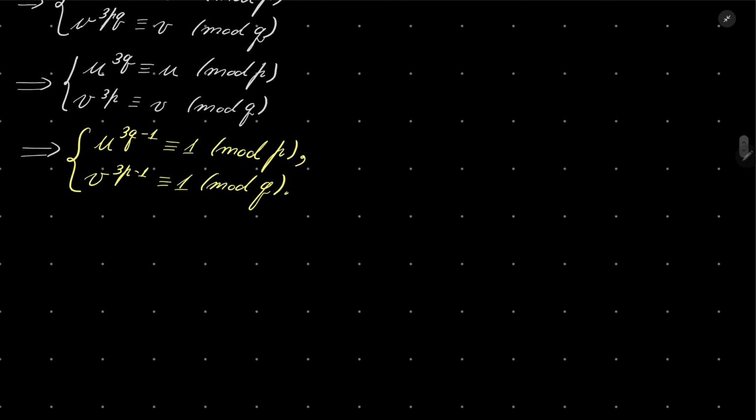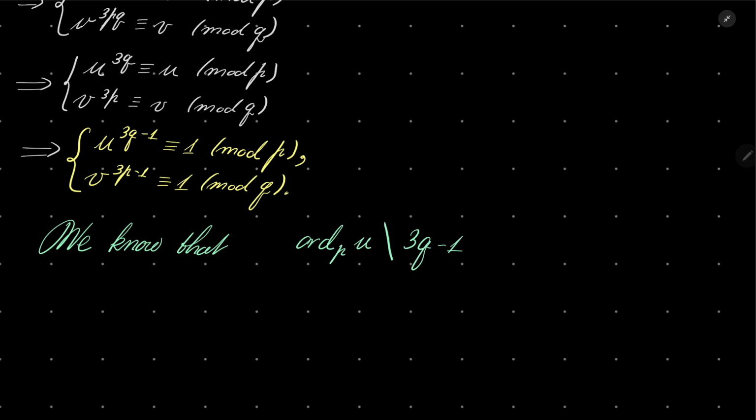Now, by the property of order, we know that the order of element u modulo p divides 3q minus 1, and the order of element v modulo q divides 3p minus 1.